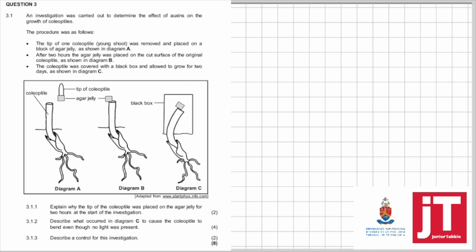Question 3.1. An investigation was carried out to determine the effect of auxins on the growth of coleoptiles. Now, a coleoptile is a young shoot. The procedure was as follows.